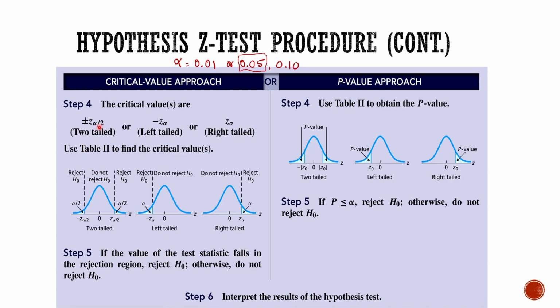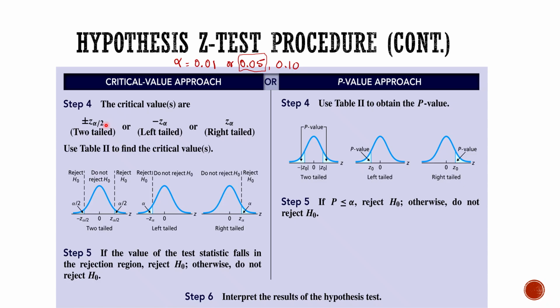And that cutoff point is going to be a z value, right? On a z curve, the horizontal line has z values with 0 being located at the center point. So the critical value essentially is going to be a z value.